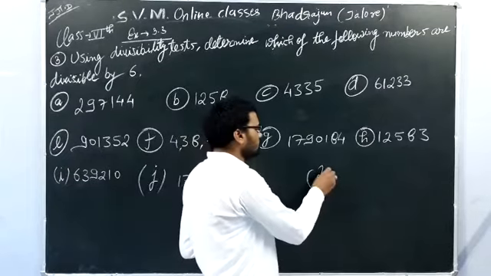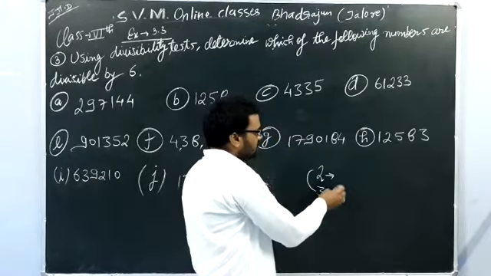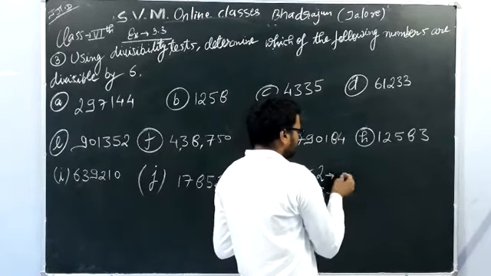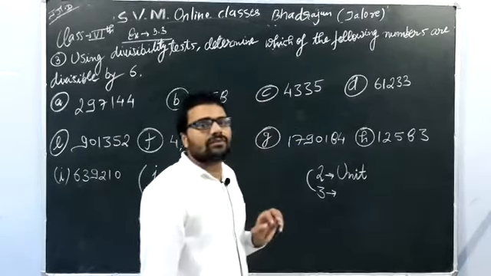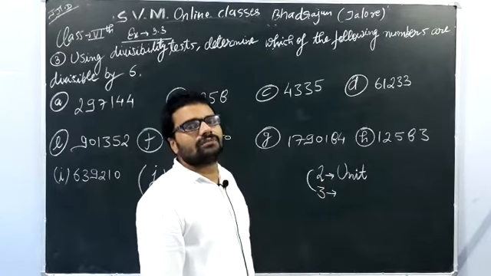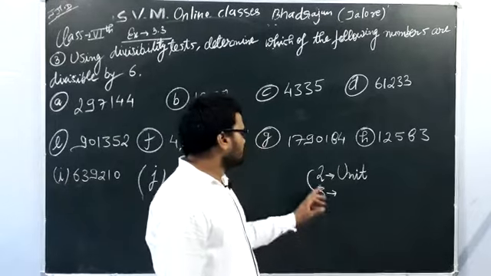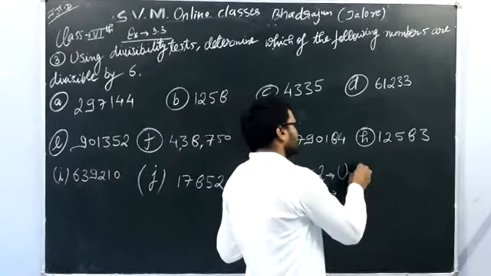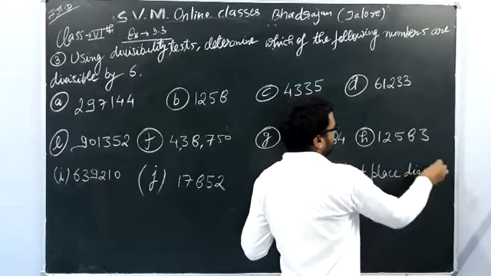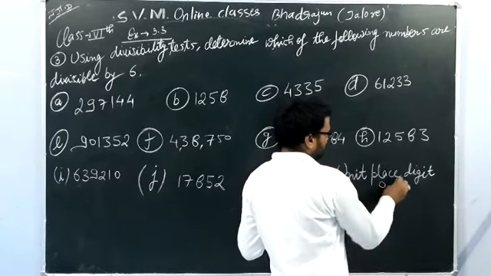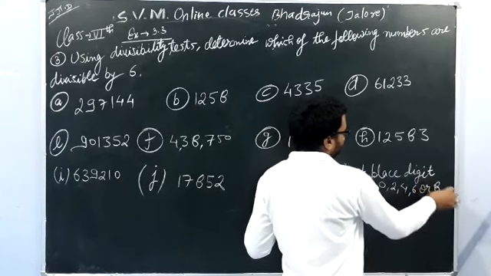Let us know what is the divisibility rule of 2 and 3. Listen, a number is divisible by 2 if the unit place digit of that number is 0, 2, 4, 6 or 8.